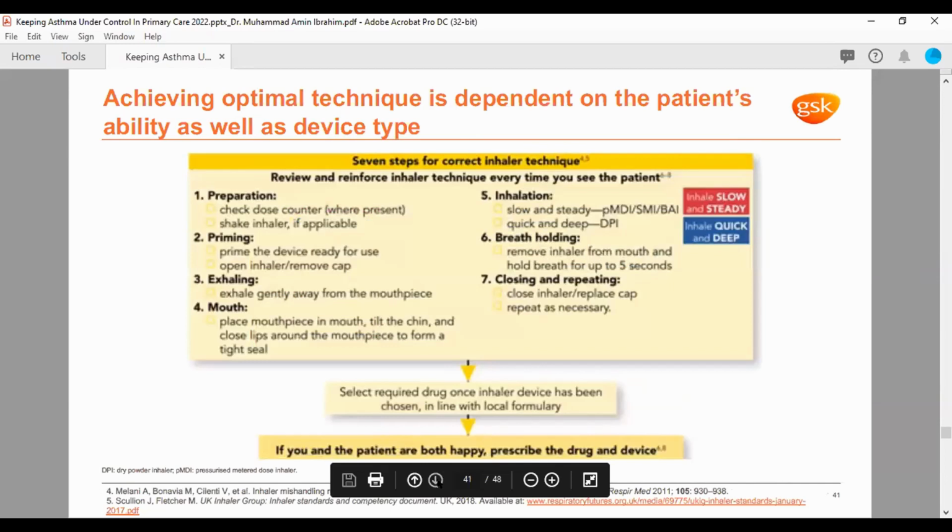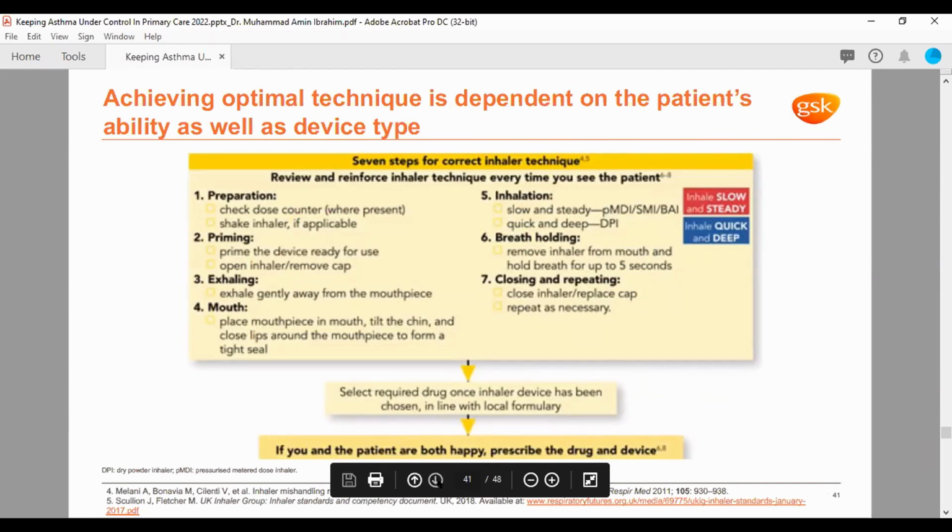Once you choose which type of inhaler suitable for your patient, then you should teach your patient how to use the inhaler correctly. It involves preparation of the inhaler, make sure the patient prime the inhaler, make sure the patient exhale fully in order to inhale fully, make sure the patient secure the inhaler tightly at the mouth.